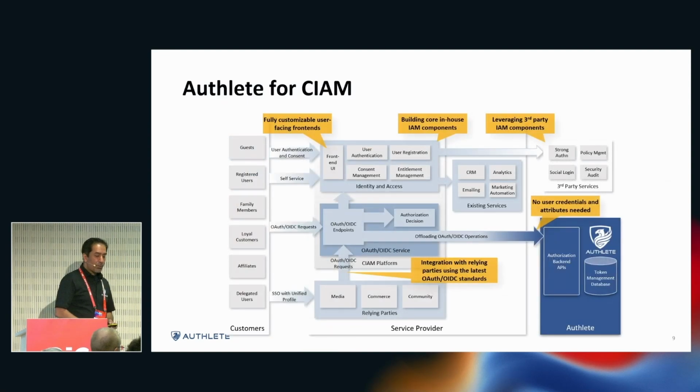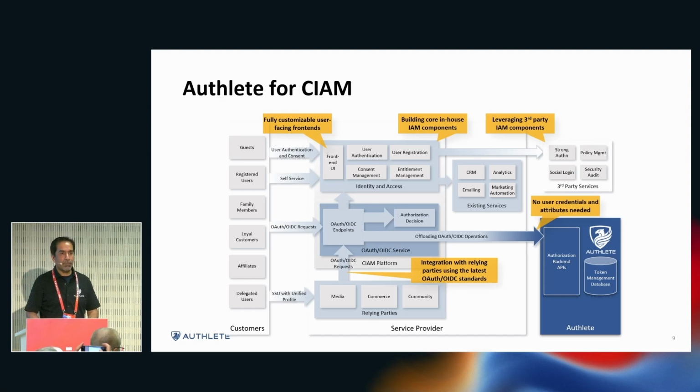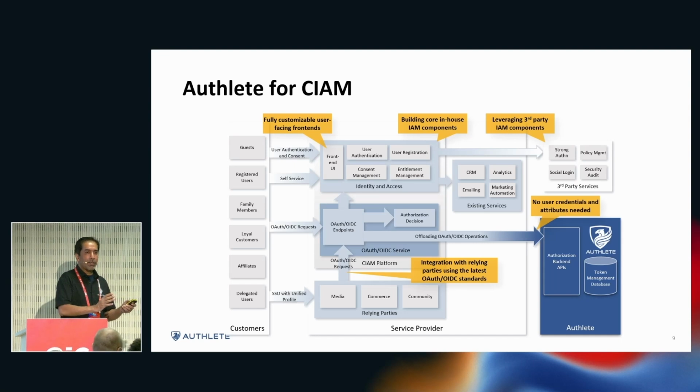The blue part is where Authlete sits. So we sit in the backend of your system. What that means is the integration with relying parties uses the latest OAuth and OIDC standards. We don't use any user credentials or attributes, so we don't have access to your database per se. We don't manage or have access to any of your user information. You can use your existing IAM and login.